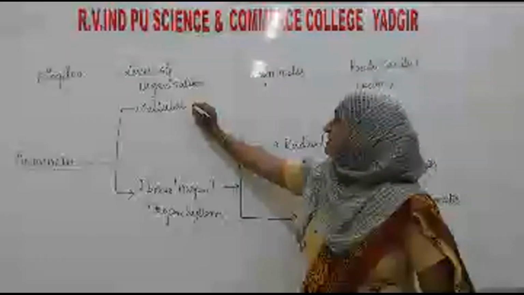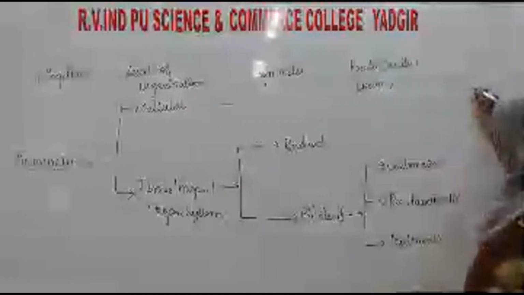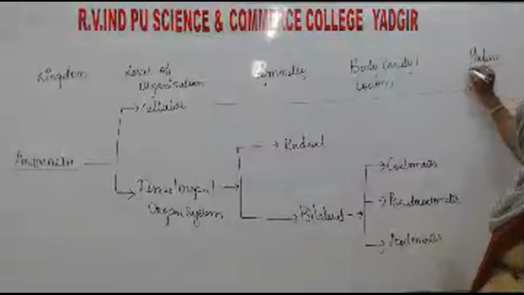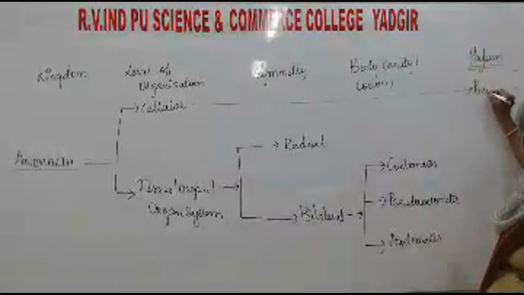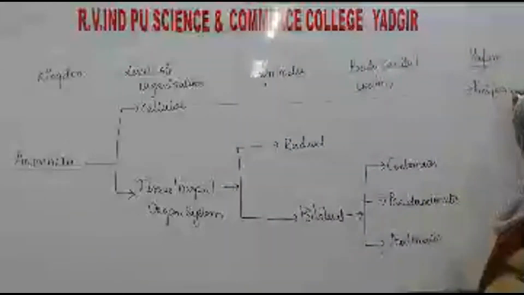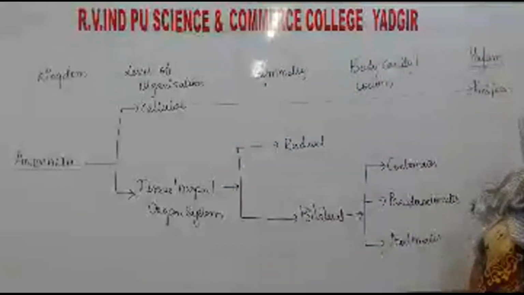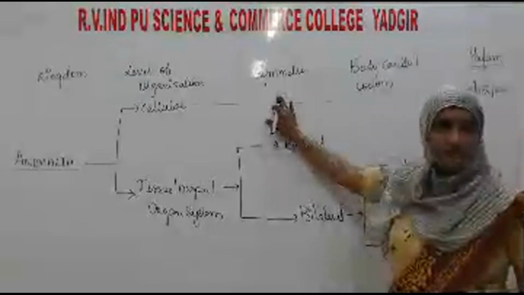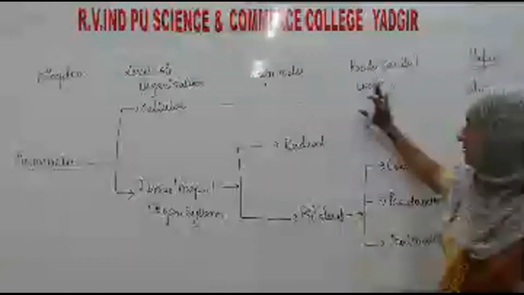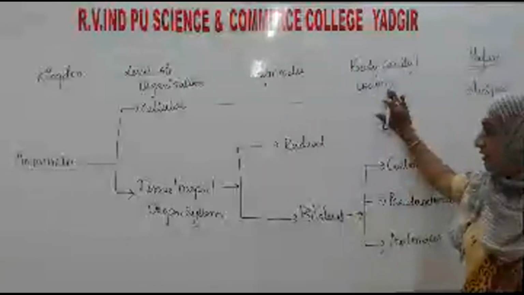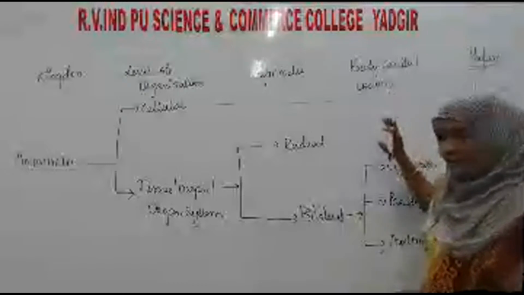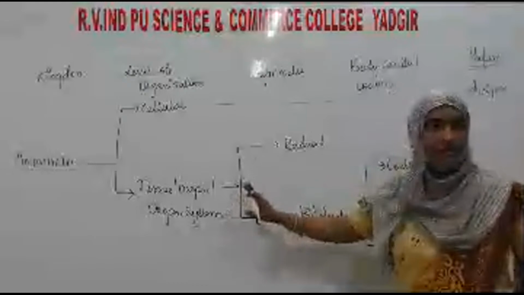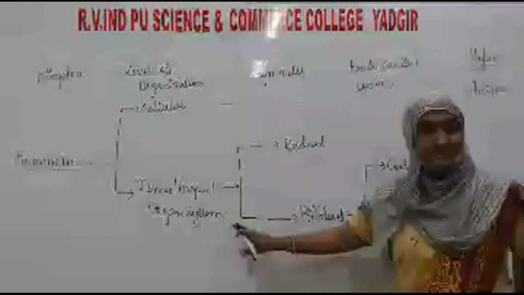You can see under it the phylum, that phylum is Porifera. In Porifera, there will be no symmetry. They are asymmetrical. There will be no body cavity. The next is radial symmetry with the tissue, organ or organ system level of organization.